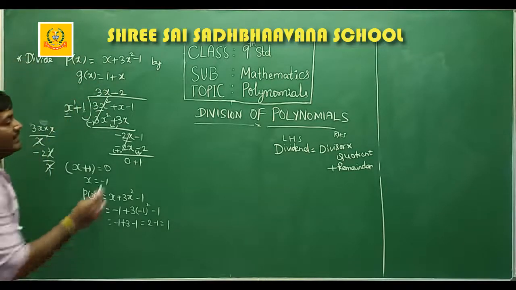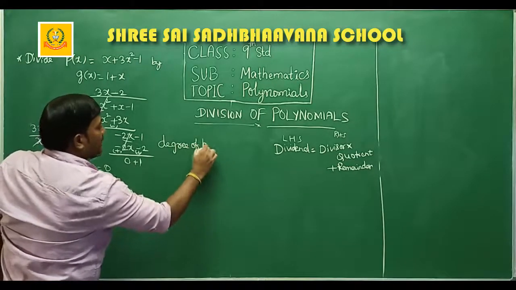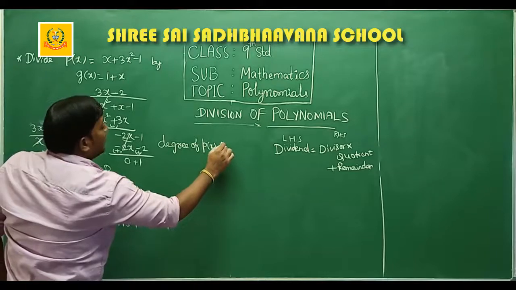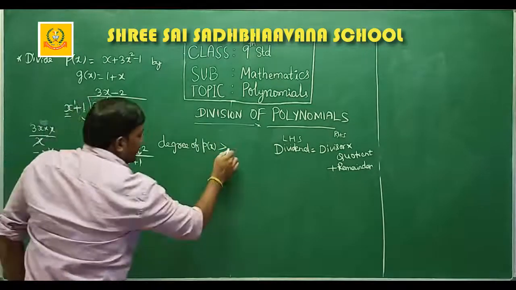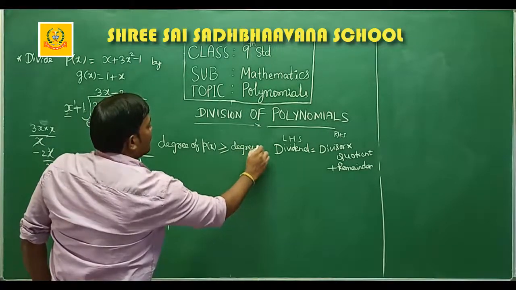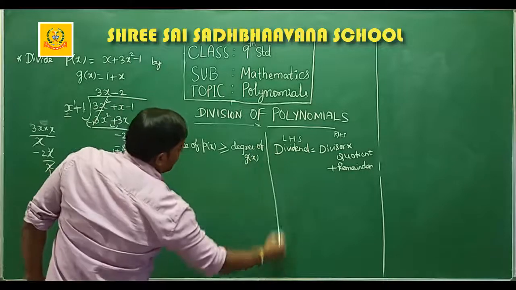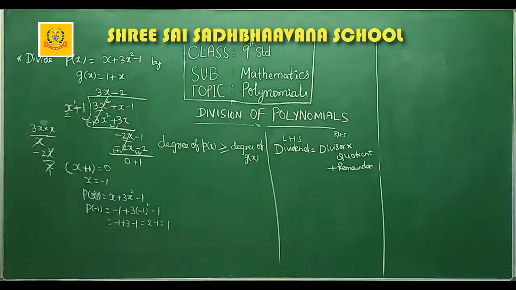Always the degree of p of x is greater than or equal to the degree of g of x. This you have to remember. It may be equal also.